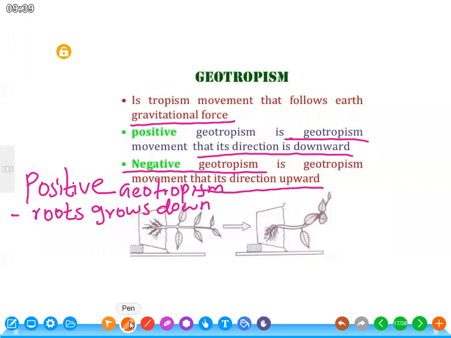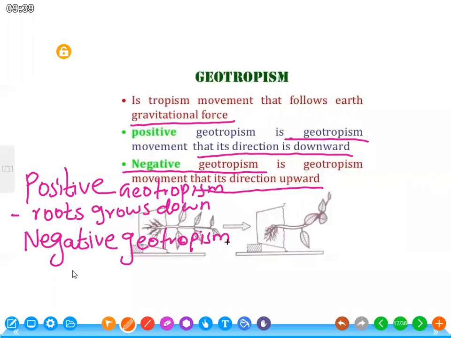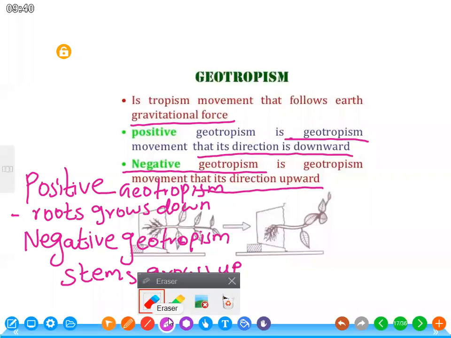And in negative geotropism, stems grow up. Okay, these are examples for positive geotropism and negative geotropism.